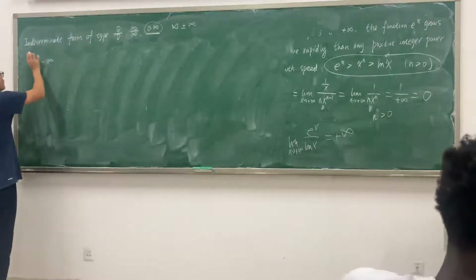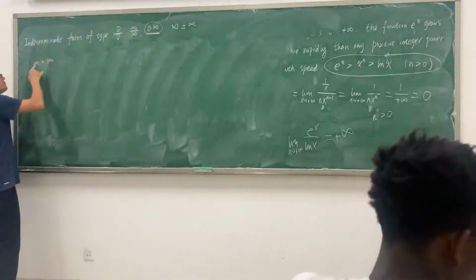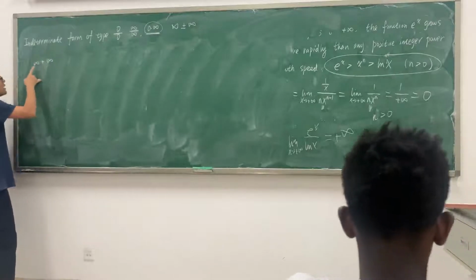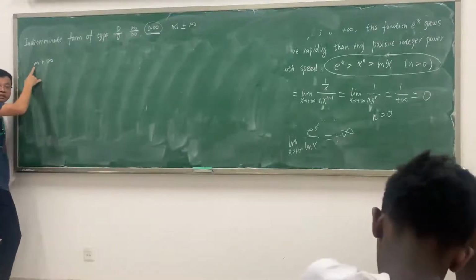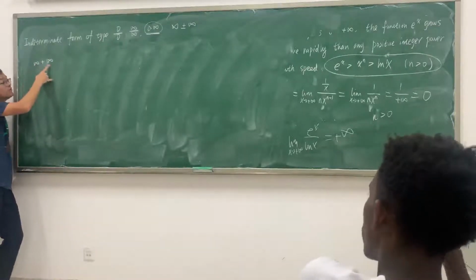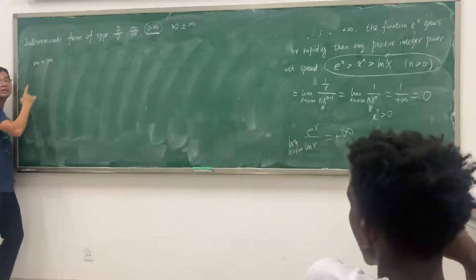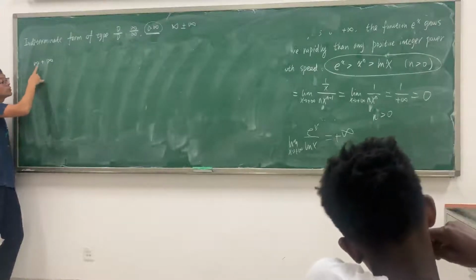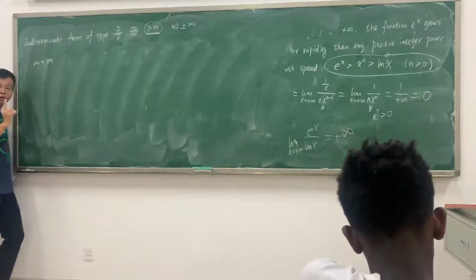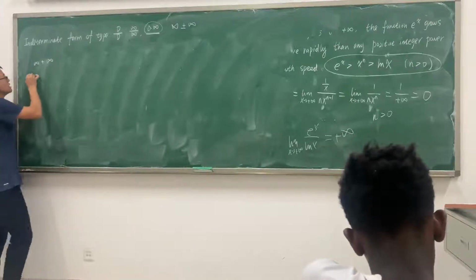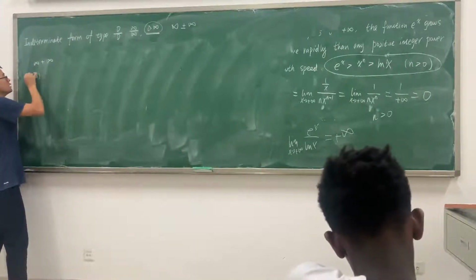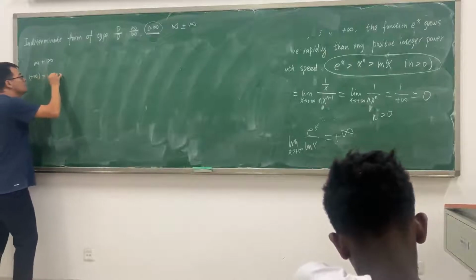So here we have infinity plus infinity. Each infinity can be plus infinity or minus infinity, so we have two choices each, which gives four cases. Firstly, plus infinity plus plus infinity.